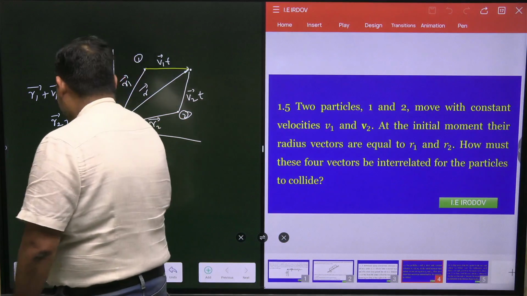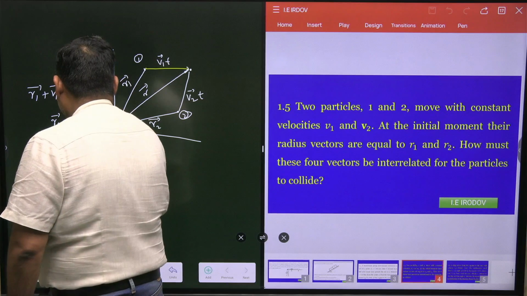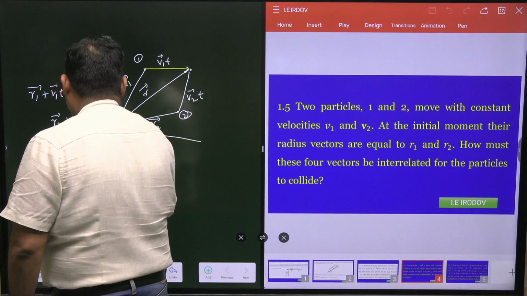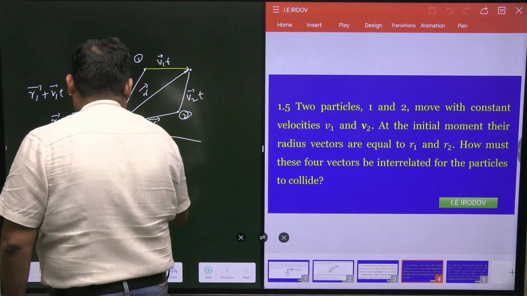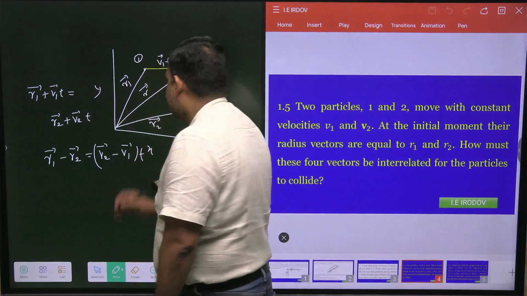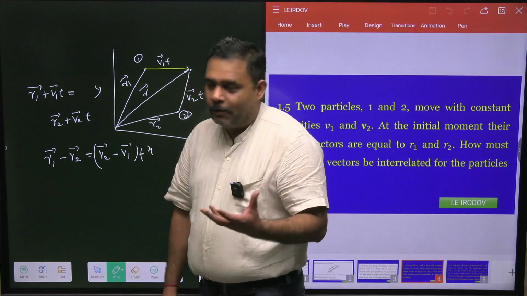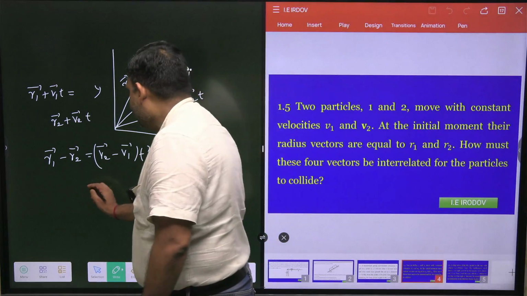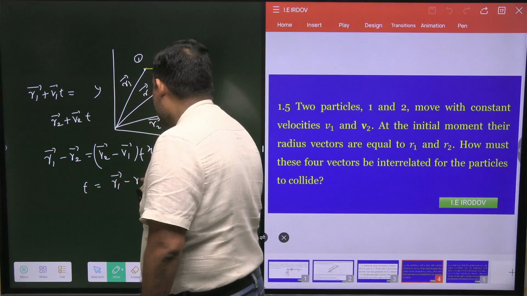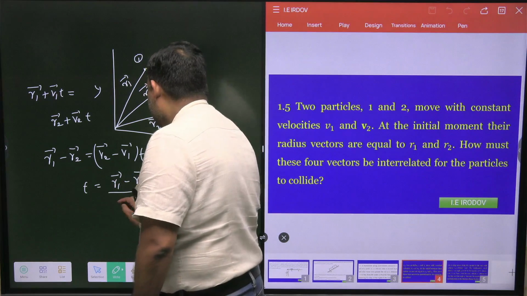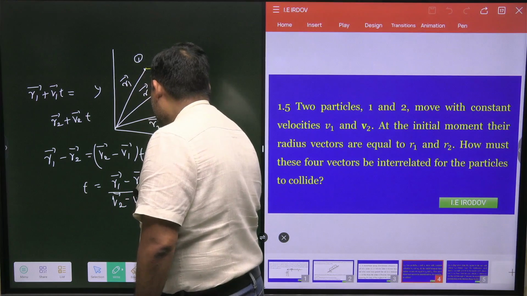We get r1 minus r2 equal to v2 minus v1 into t, and from there we can calculate t. And t is a scalar quantity, it is always positive. So t will be the magnitude of r1 minus r2 divided by v2 minus v1.